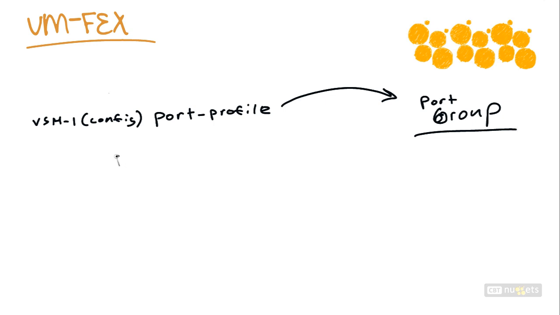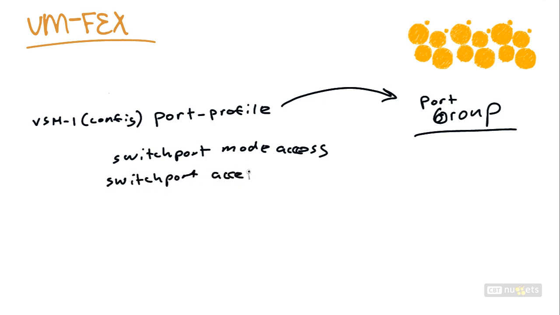So what would be in one of these port profiles? Well, like switchport mode access. That important command that sets a port to access mode. How about the VLAN assignment? Yeah, that would be switchport access VLAN 102, for instance.